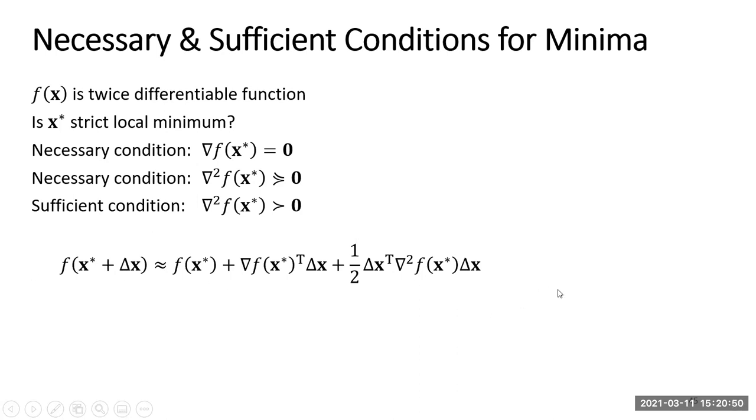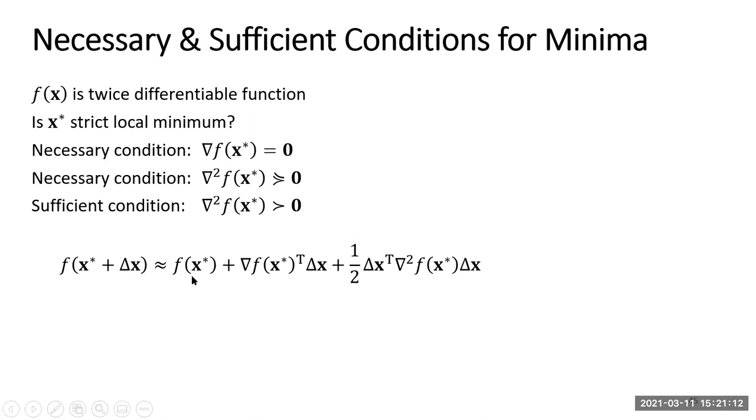Okay, now let's illustrate why. So I take a small perturbation from x star. I'm considering x star, which is a local minimum, and delta x is a small perturbation to x star. So x star plus delta x is a point that's close to x star.